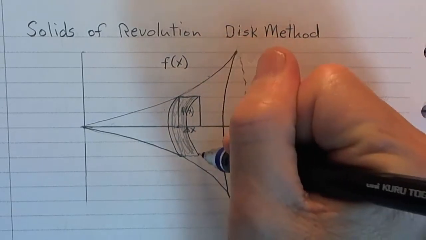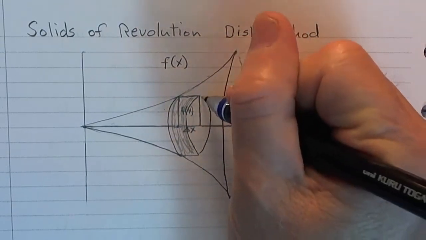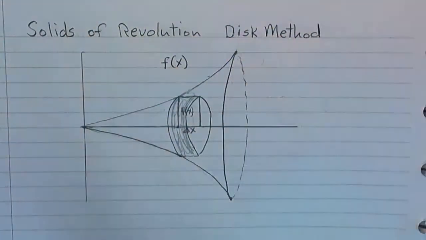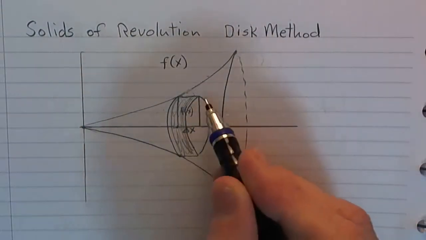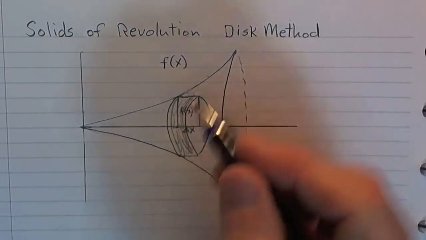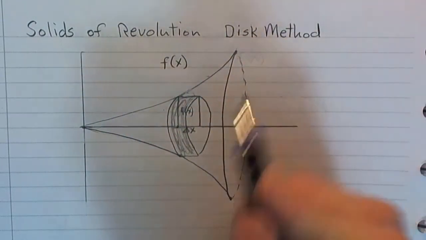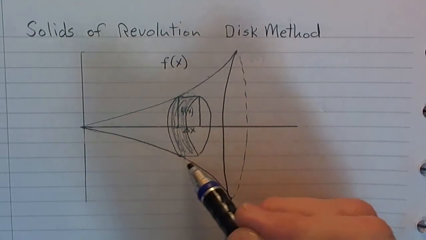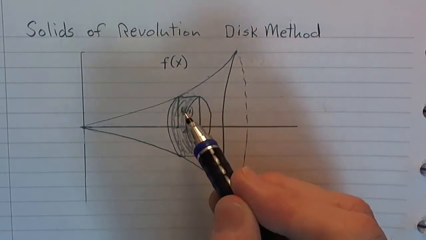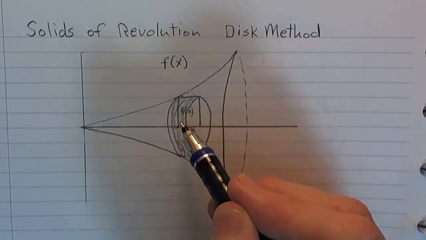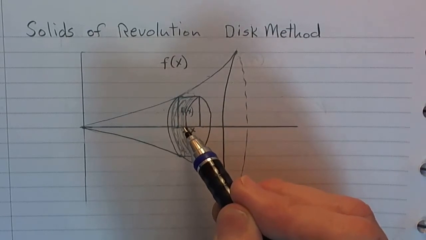So I spun it around there, and let me go ahead and complete the disk. Okay, so it forms a disk. My drawing is not that good, so you'll really have to use your imagination. So here's a disk.